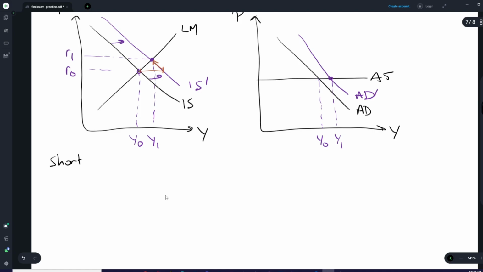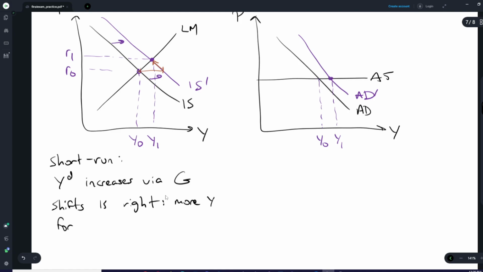So in the short run, we get demand for goods increases via G, right? So this shifts IS. Again, you have more Y for any R, right? The idea being, when the government comes in and spends money, it doesn't matter what the interest rate is. For any interest rate, you have more demand for goods and services. This generates a higher R in equilibrium.